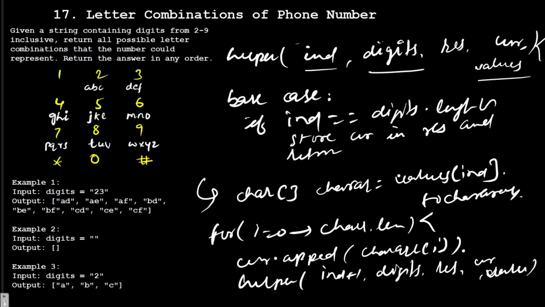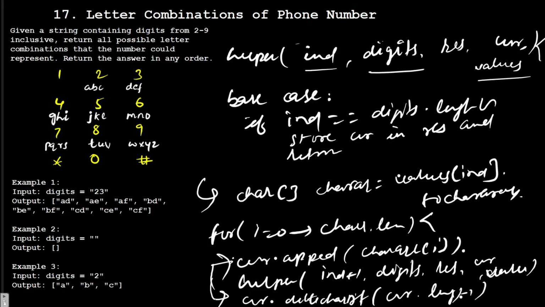And as we are adding this, for next time we have to remove this. So for that we will be using current dot delete char, char dot length minus 1. By doing this, we will be able to build our result.